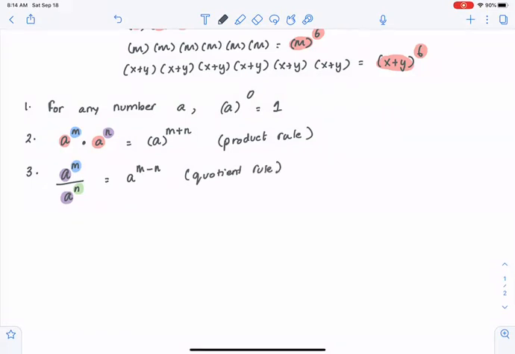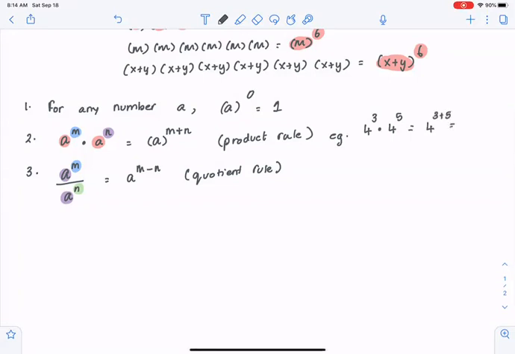Let me write an example on the side so that you connect the dots right away. If I have 4 raised 3 multiplied by 4 raised 5, I have identical bases, which is 4, and different powers. One is 3, the other is 5.